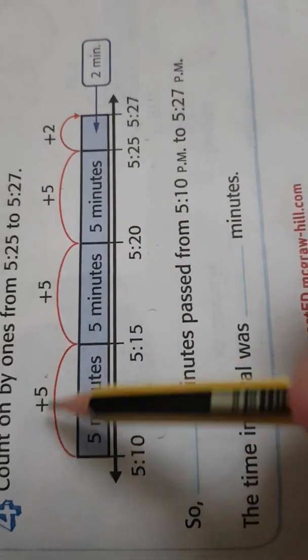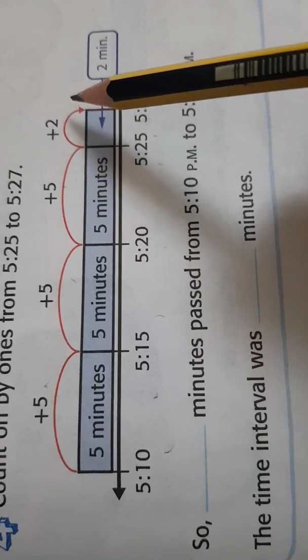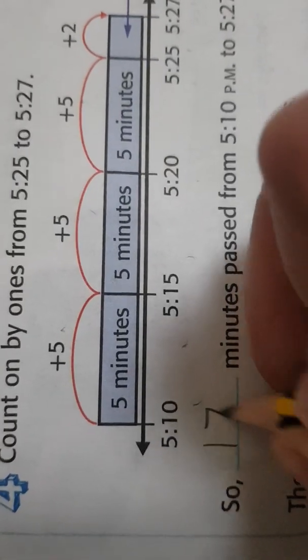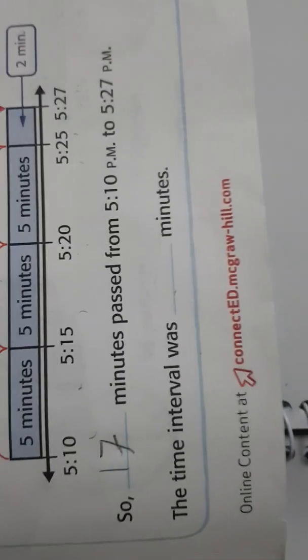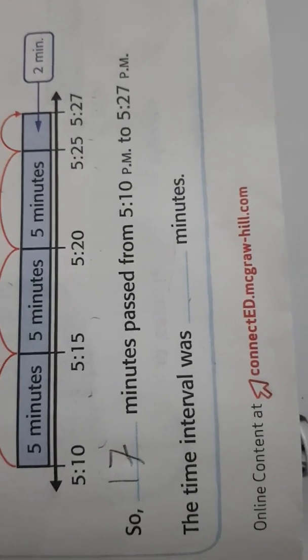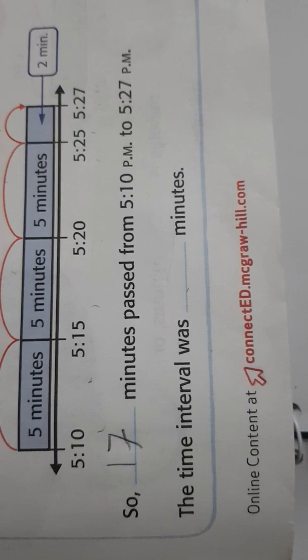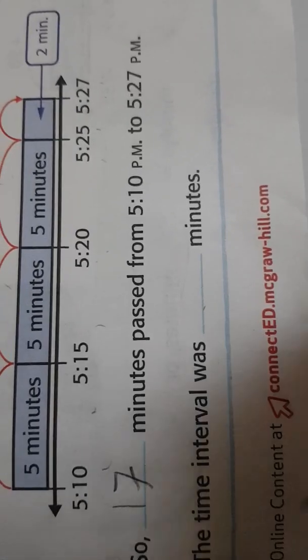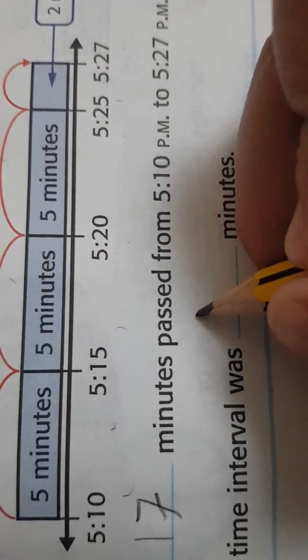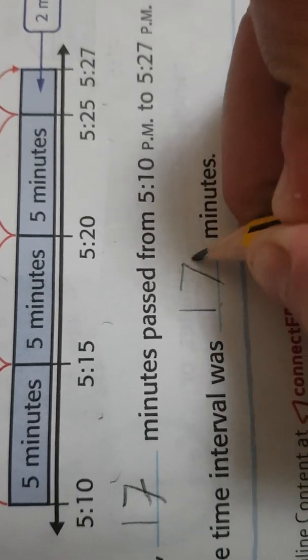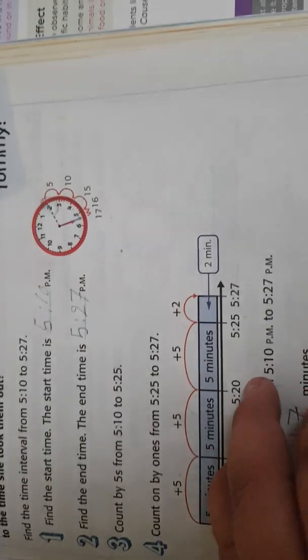Add them all. 5, 10, 15, 17. So 17 minutes passed from 5:10 to 5:27 p.m. The time interval was 17 minutes. Okay, let's see the next page.